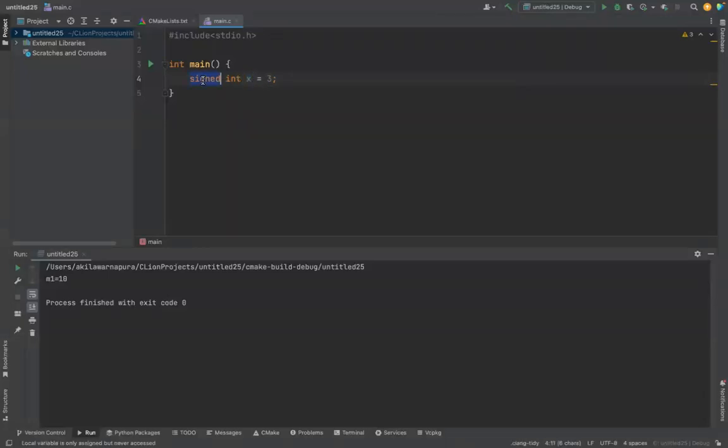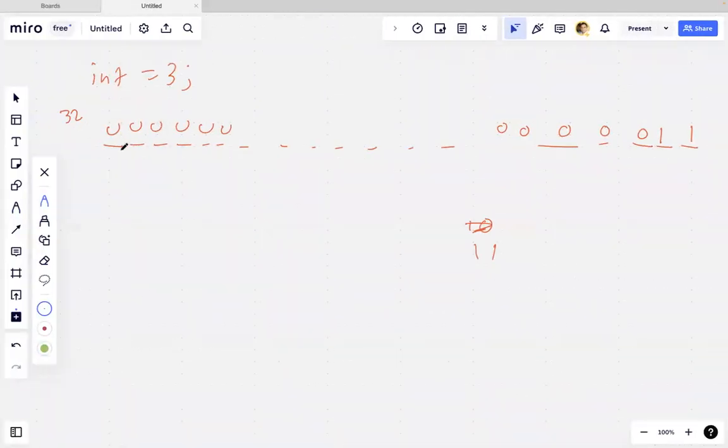If you use signed int, the most significant bit, that means the 32nd bit, is taken for identification of the sign of the variable.